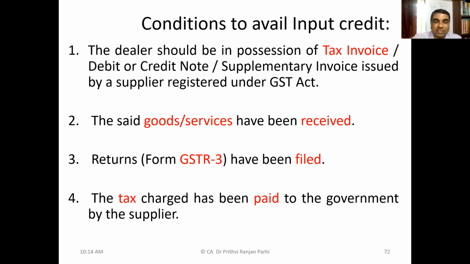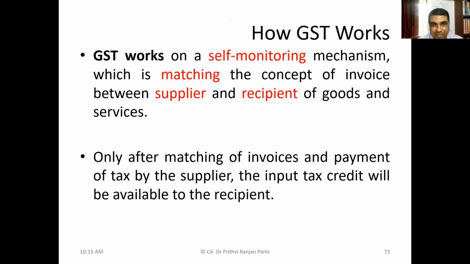Okay, so it is a kind of self-monitoring system. Whenever we get some supply, we keep our invoices. And we can also check on the GST site whether the credit is reflected or not. Once we see it is reflected, we can take input tax credit.